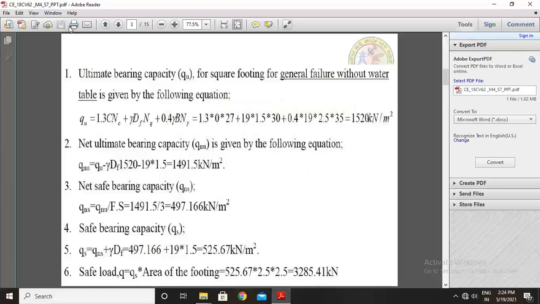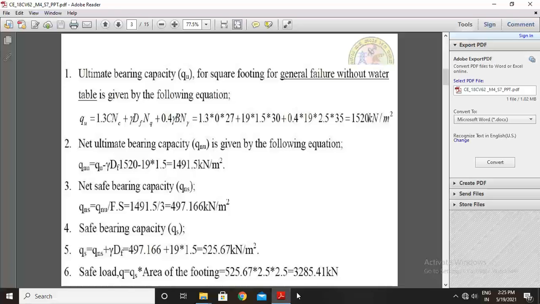First step, the ultimate bearing capacity for square footing for general shear failure without water table is given by the following equation: qu equal to 1.3 times c Nc plus gamma Df Nq plus 0.4 times B gamma N gamma. Now substitute the values in this equation.